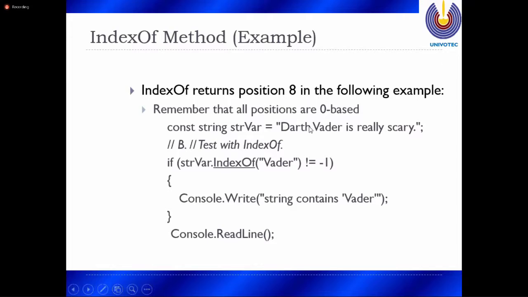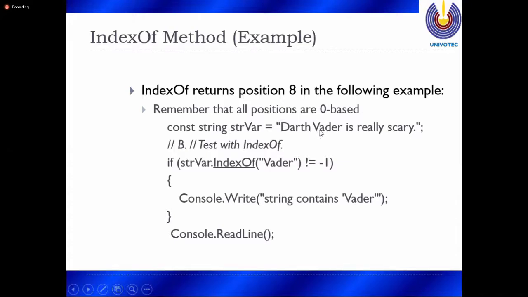for the particular substring. You can count 0, 1, 2 up to the D. The capital D is at 0-based position 0. The index is 0-based: 0, 1, 2, 3, 4, 5, 6.